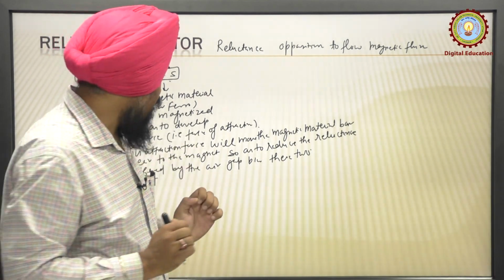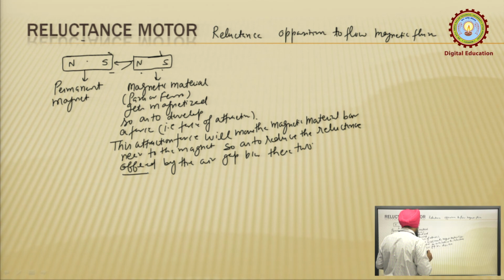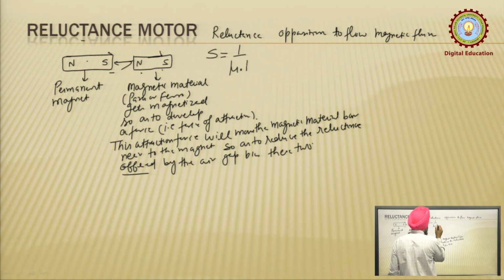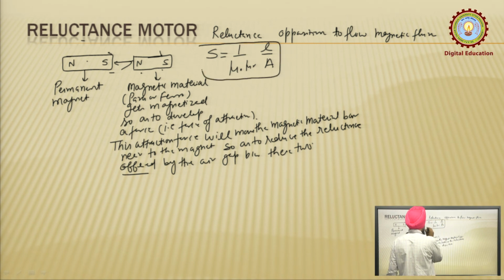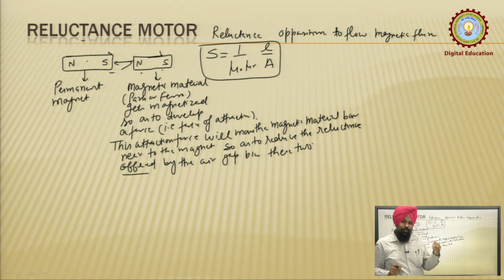The reluctance formula is S equals 1 by mu naught mu r, into L by A. Based on this principle we have the reluctance motor, and it runs at synchronous speed.